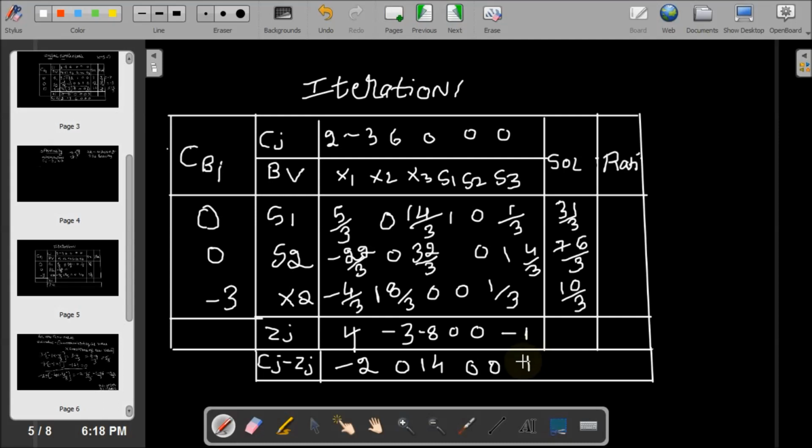Now how to find out the key column value and key row value here? To find out the key column, what I told you, you have to select the most negative value. So here only one negative value is there, that is minus 2. That's why this will be your key column.